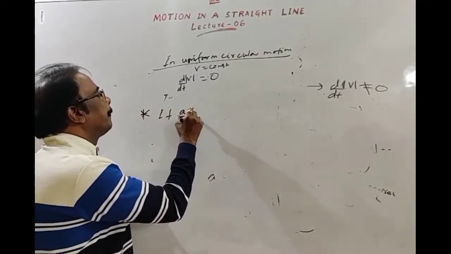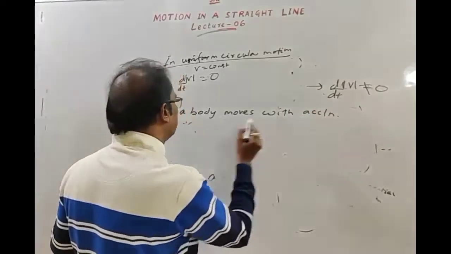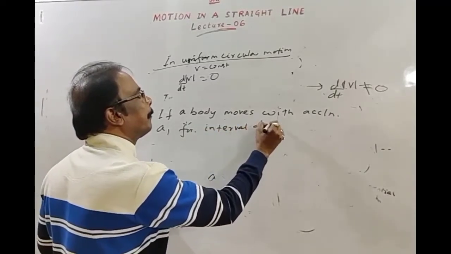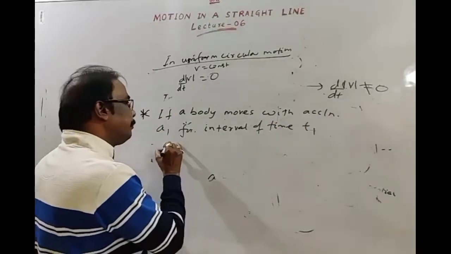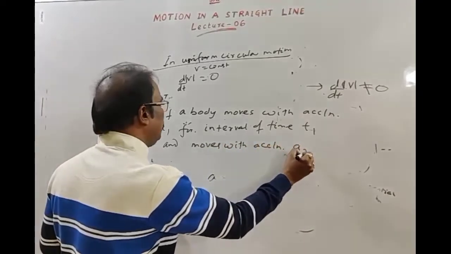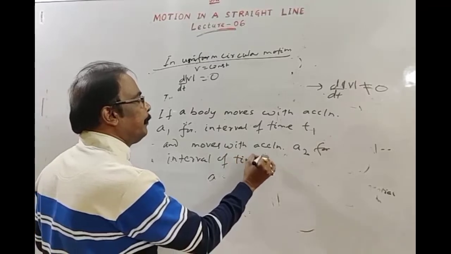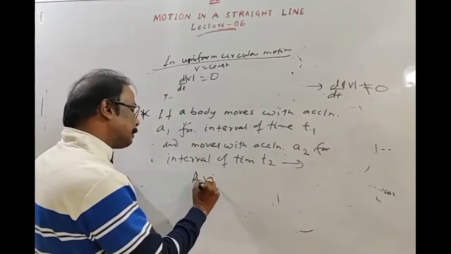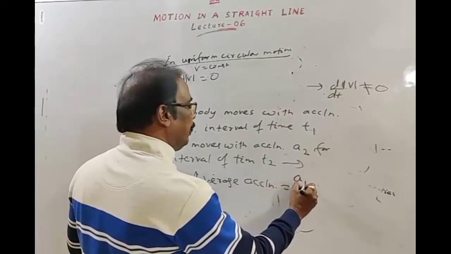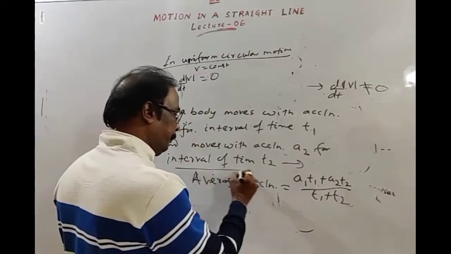If a body moves with acceleration a1 for interval of time t1 and moves with acceleration a2 for interval of time t2, then average acceleration is given as (a1 t1 plus a2 t2) divided by (t1 plus t2).